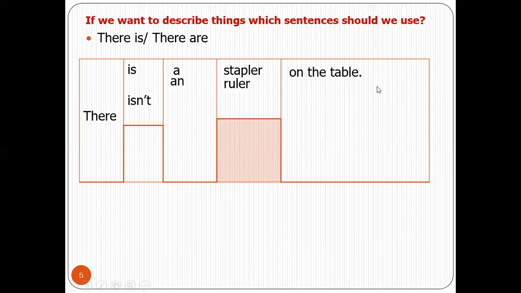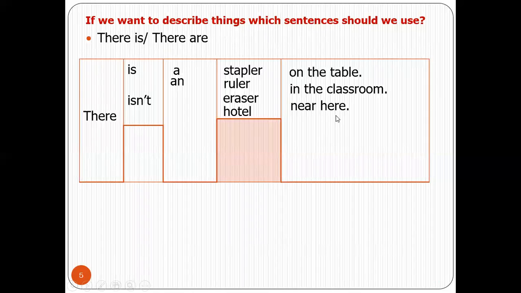There is a ruler on the table. There is an eraser in the classroom. There is a hotel near here. Or there isn't a hotel near here, with positive form and also a negative form.